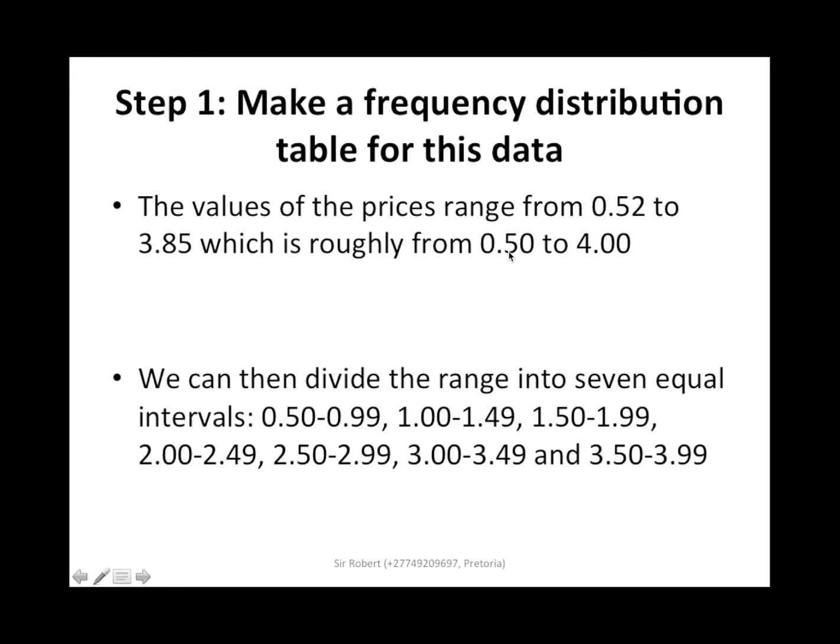We are starting from 0.5 to 0.99, 1 to 1.49, up to 3.9. This is how I decided to do it. You can divide them any way you want, but for me, doing them in 0.5 steps is quite good and neat, because if you use 2.0, you only have 2 intervals, but these 7 intervals are quite a reasonable number.